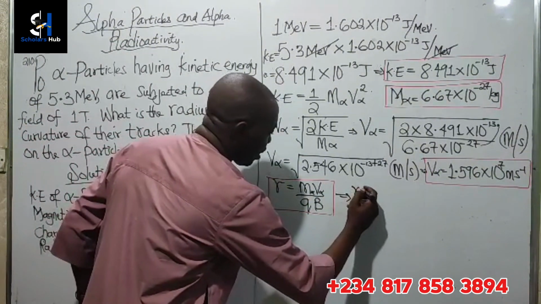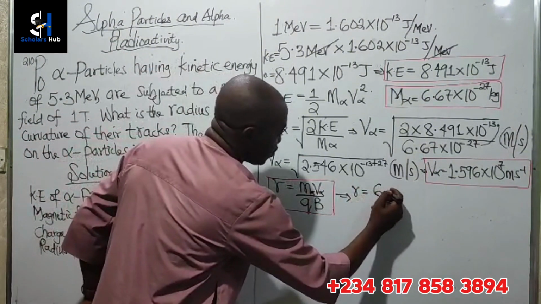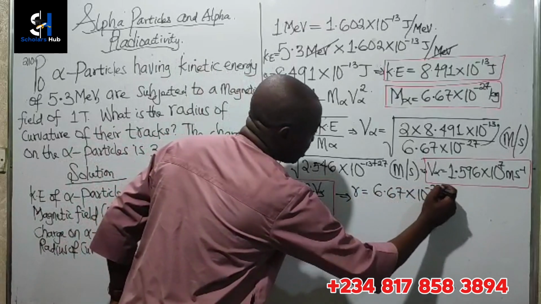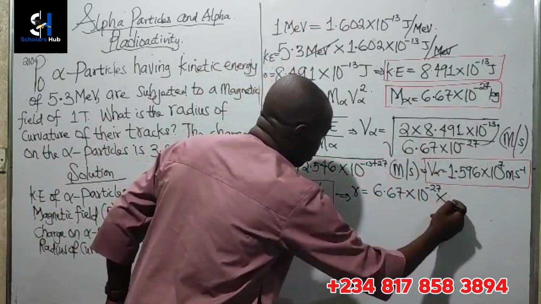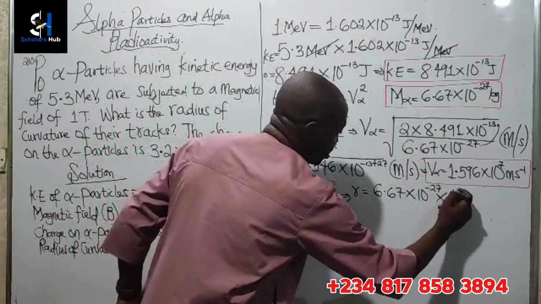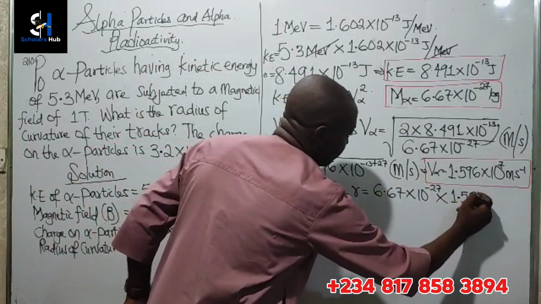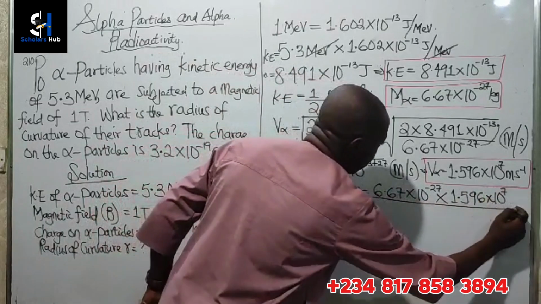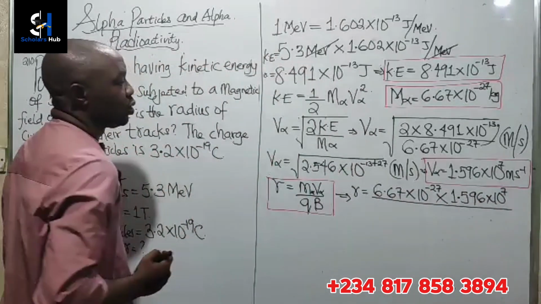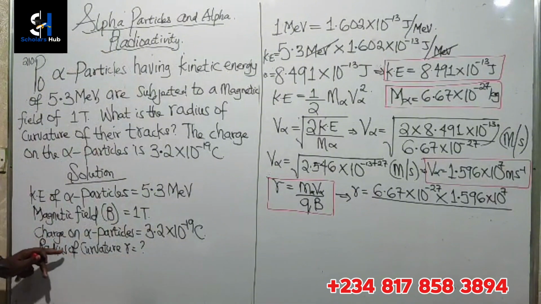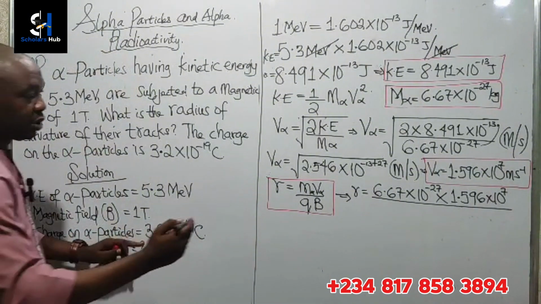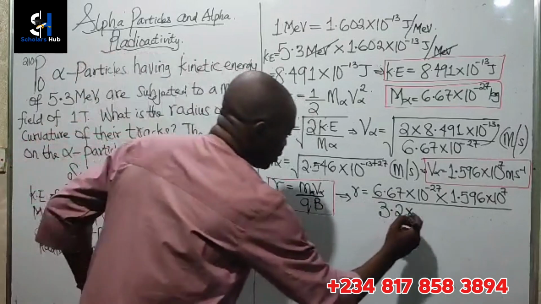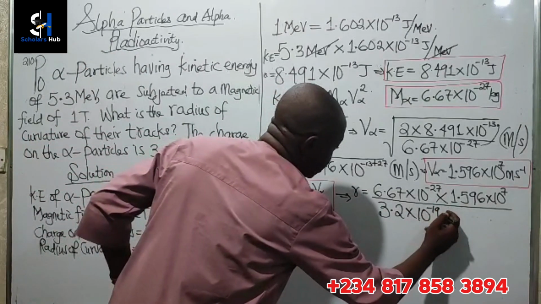So from here we now have, what is the mass of alpha particle? 6.67 times 10 raised to the power of negative 27 kilogram. Then we multiply by the velocity of alpha particle, which is 1.596 times 10 raised to the power of 7, all over the charge on alpha particle, which we are given to be 3.2 times 10 raised to the power of minus 19.